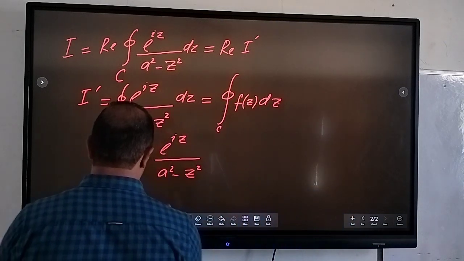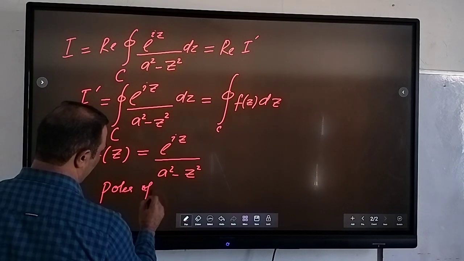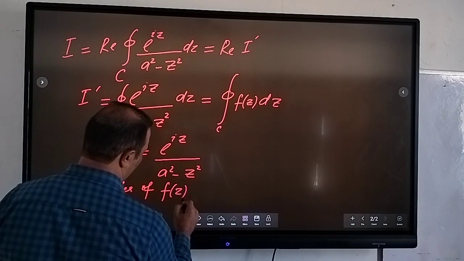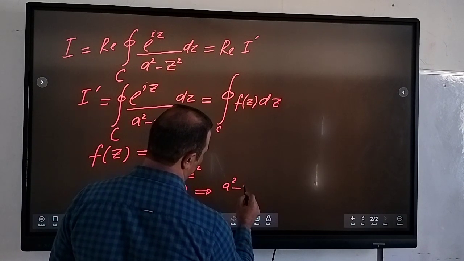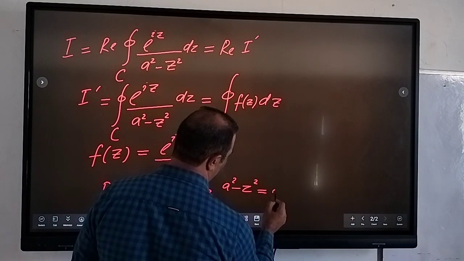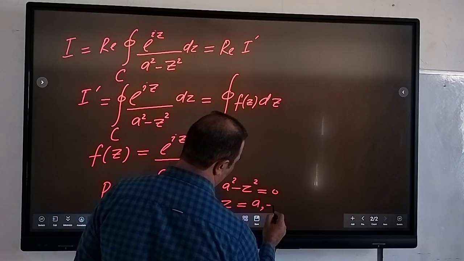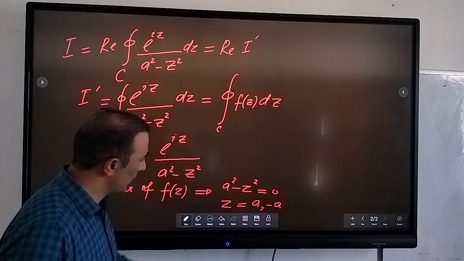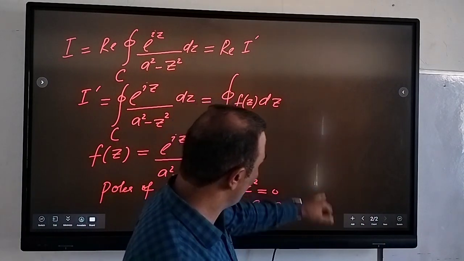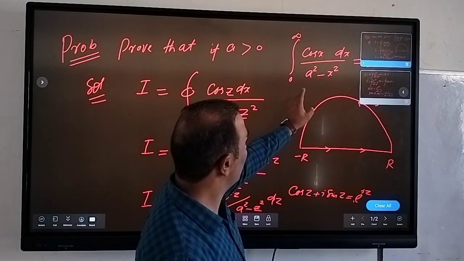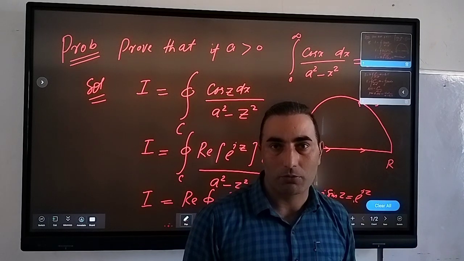So first let us check the poles for this function, right? So we can write that. So that means we have this k square. Right? So it has two poles. So one lies at plus a, because if you remember, I have already written here that a is greater than 0, so that means a value can be 1, 2 or 3, right?